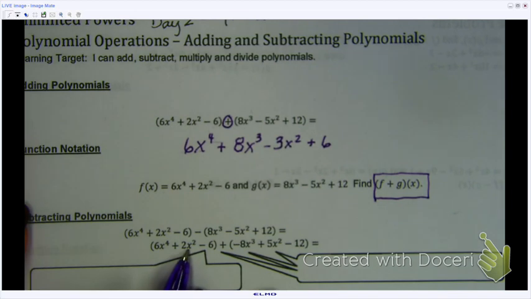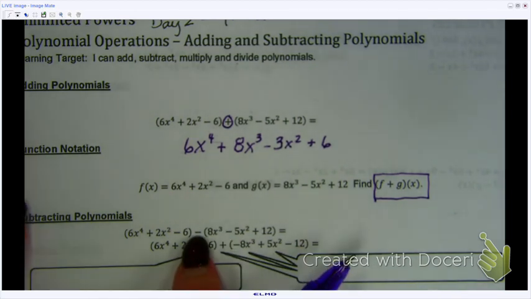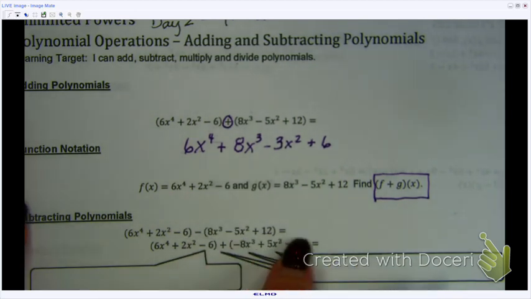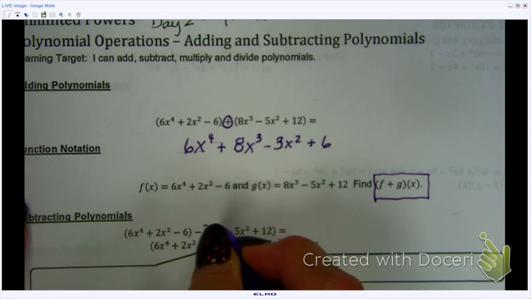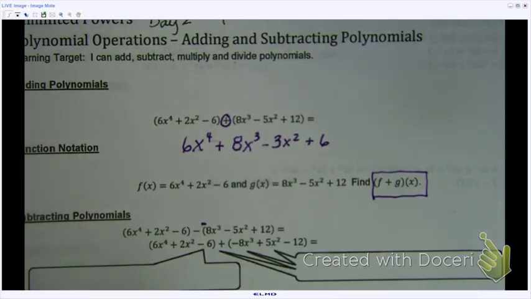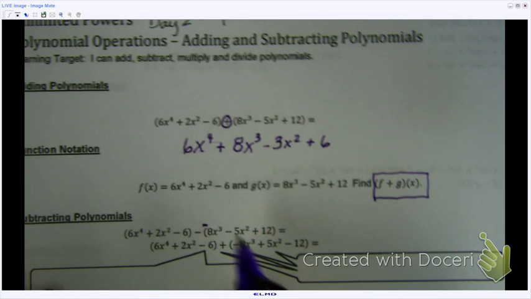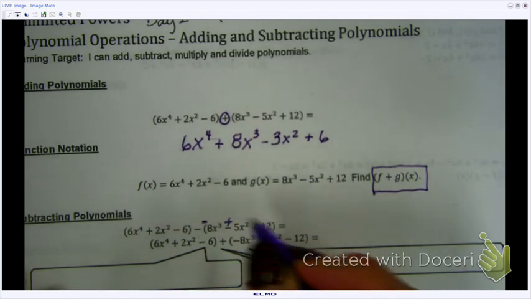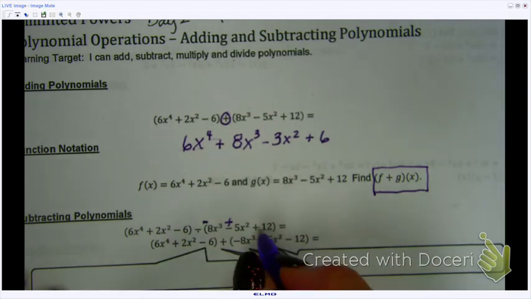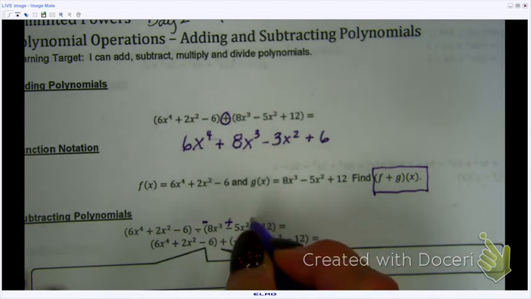So the recommended procedure is take the minus sign and distribute it first. So this plus 8x cubed becomes negative 8x cubed. This minus a minus, this becomes plus. This minus and that plus becomes minus.